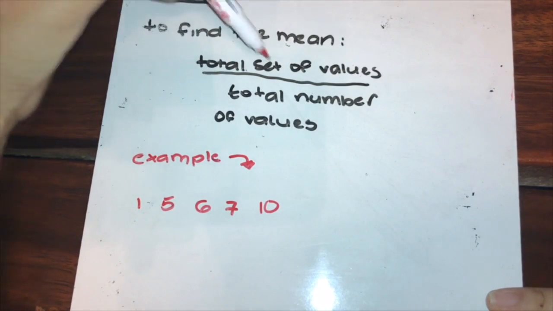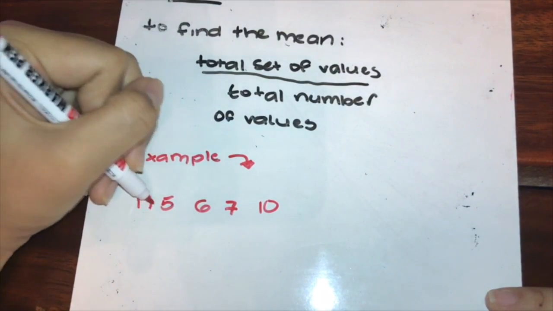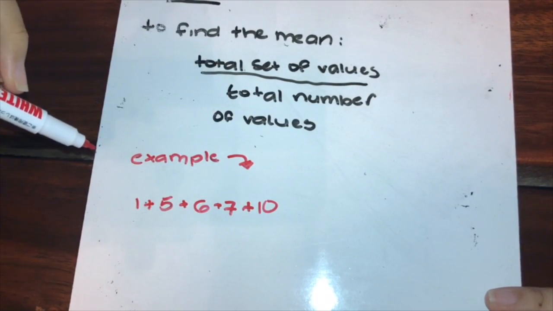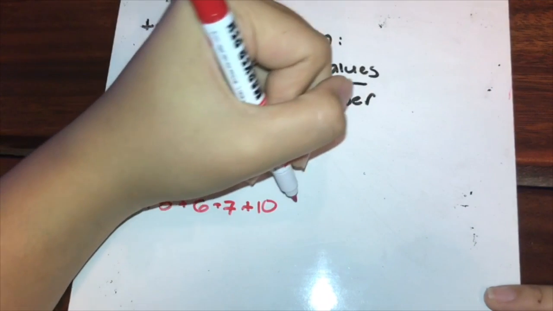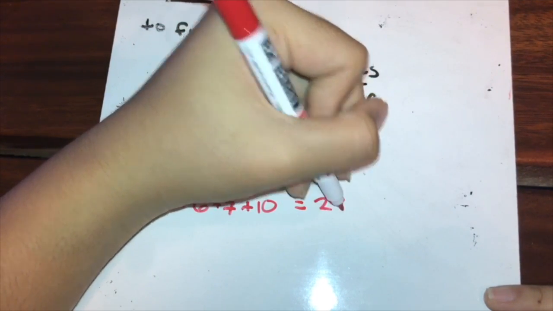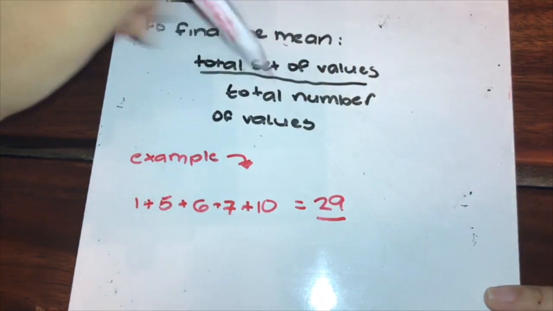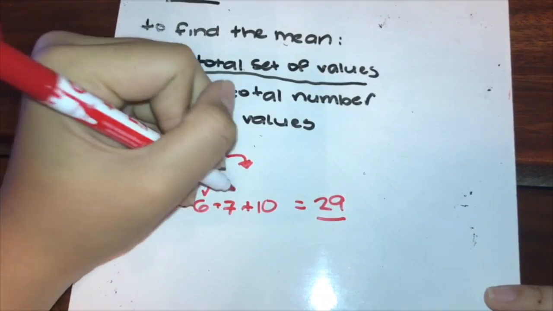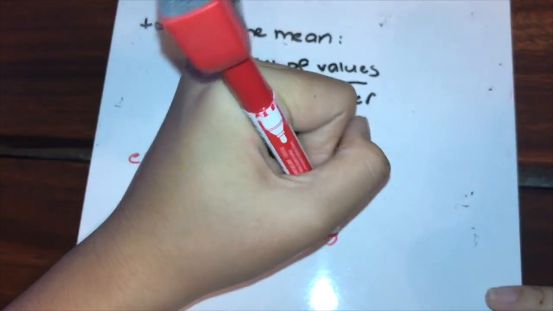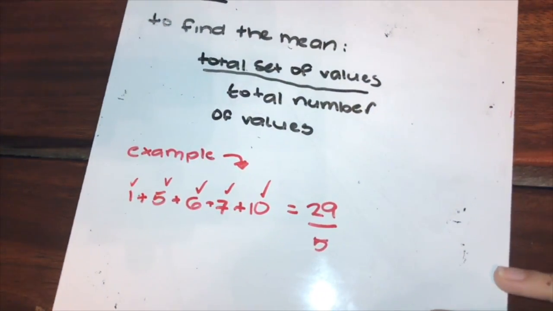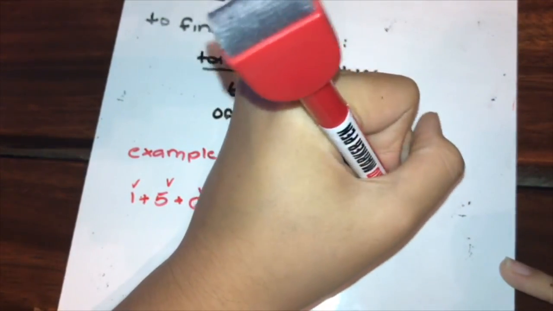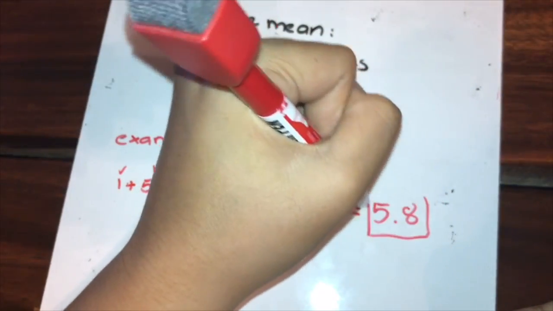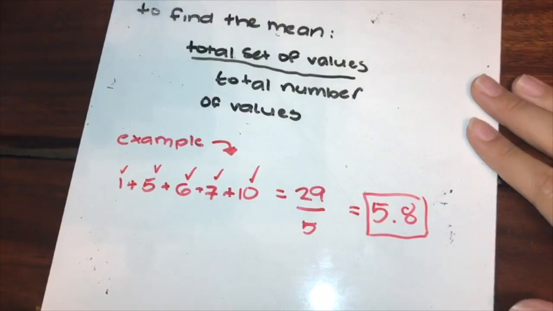At the top it says total set of values, so you add all of these up, which is 29. And you divide it by the total number of values, which is 1, 2, 3, 4, and 5. So the answer to this would be 5.8. This is your mean. And that's about it. Okay, next.